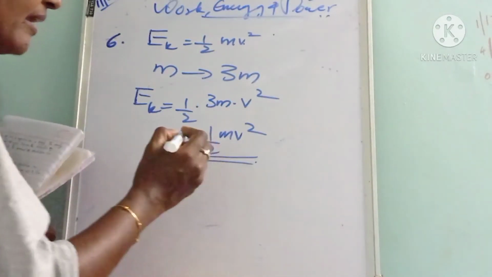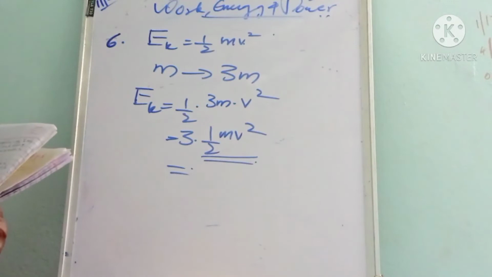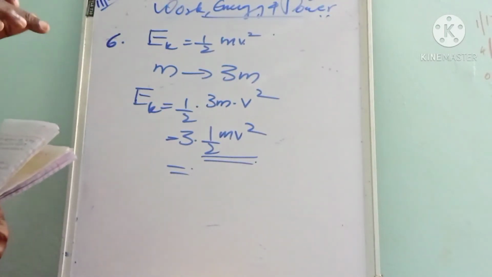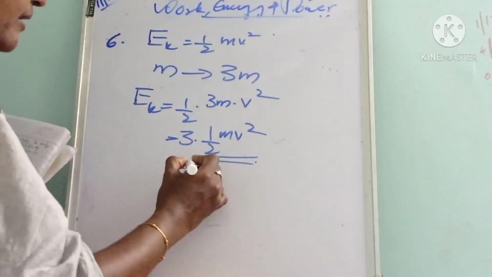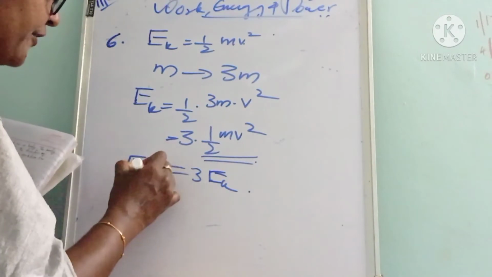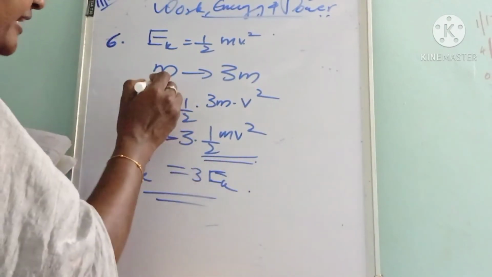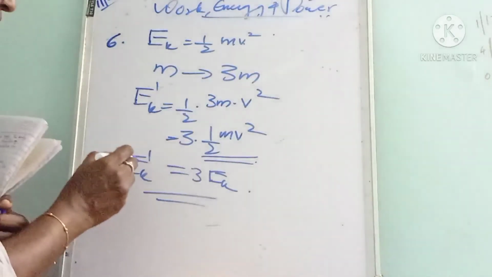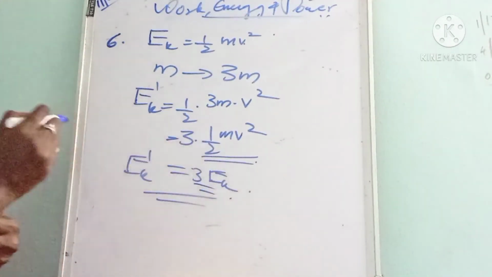But half mv square is the kinetic energy Ek, the kinetic energy of an object having mass m. So we get 3 times Ek. Now we have the new kinetic energy, which we can represent as Ek dash. So Ek dash is equal to 3 times Ek.